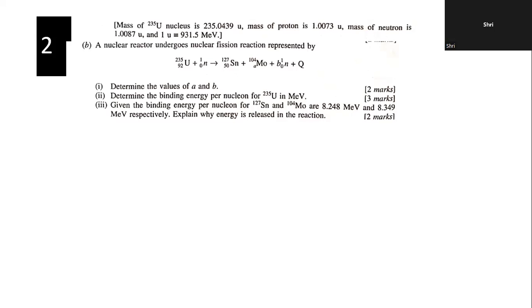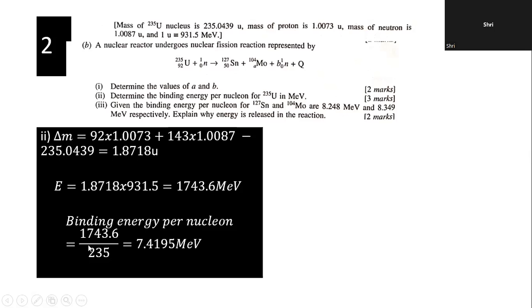Take the mass defect times the energy. Calculate the mass defect first. You want to calculate for uranium. The uranium has 92 protons, times the mass of proton.